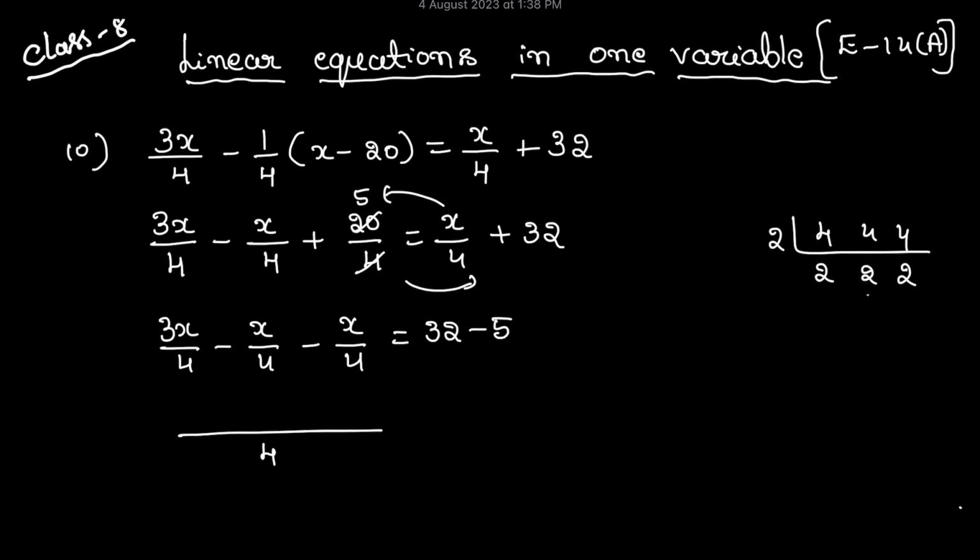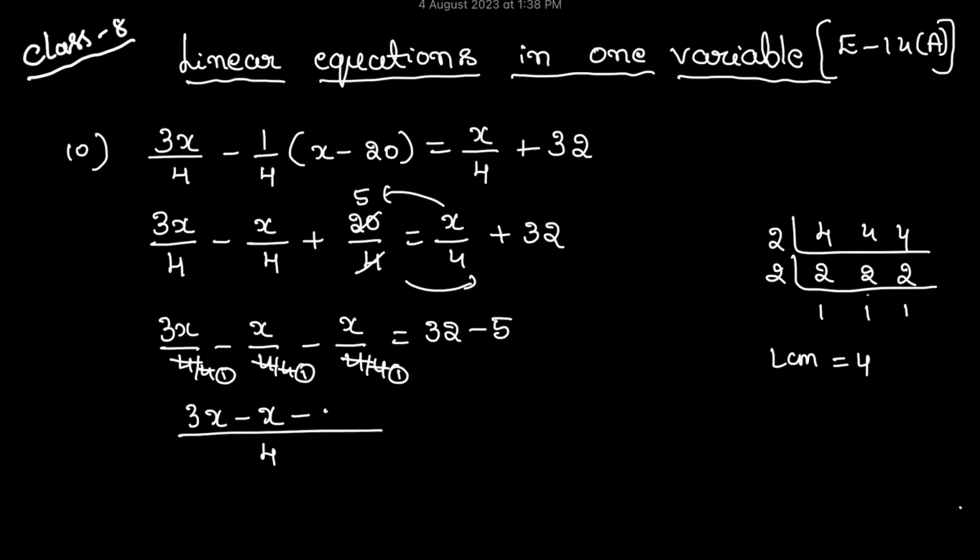So the LCM is 4. Divide by 4, divide by 4, divide by 4. 4 ones are 4. So here 3x minus x minus x, that is equal to 32 minus 5, which is 27.